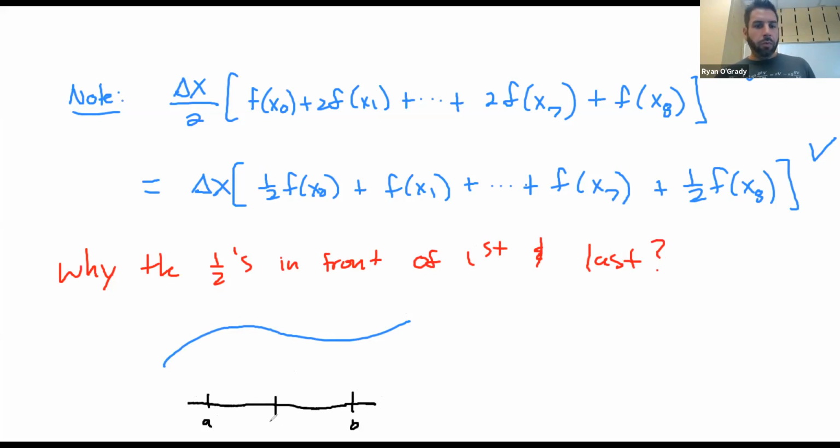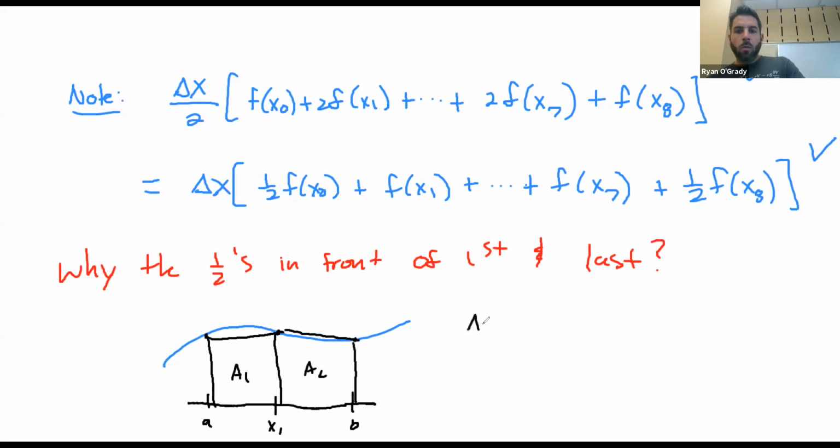So we'll call this point x sub 1. So what's the area of the first one? We'll call this A1 and A2. So A1 is equal to, well, what do we do?